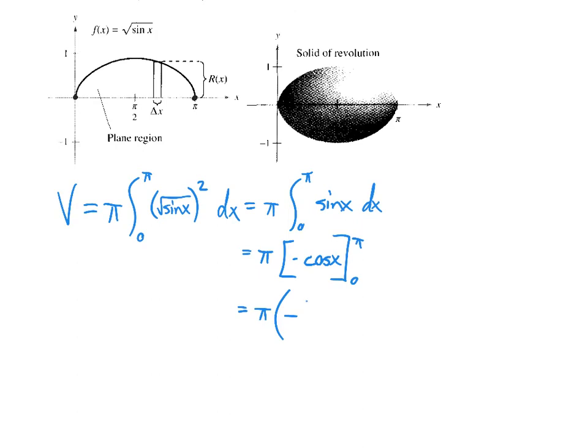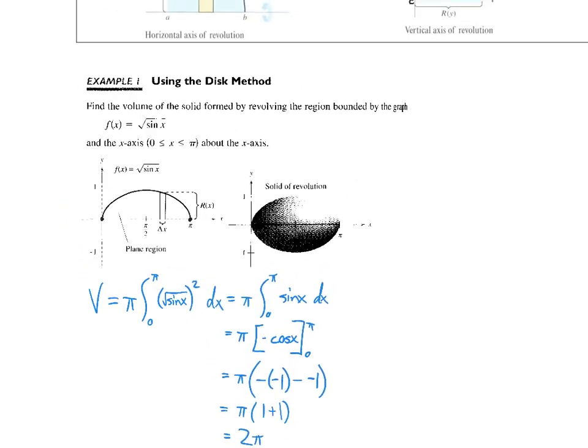Then minus a negative, what's cosine of 0? 1. So be careful with your negatives. We have pi times 1 plus 1. So 2 pi.